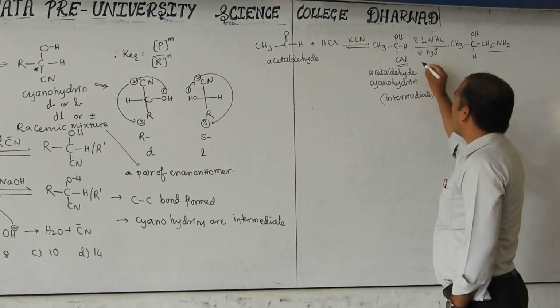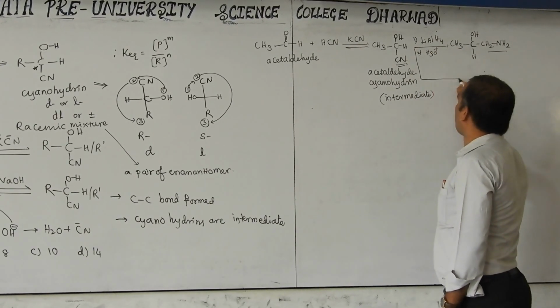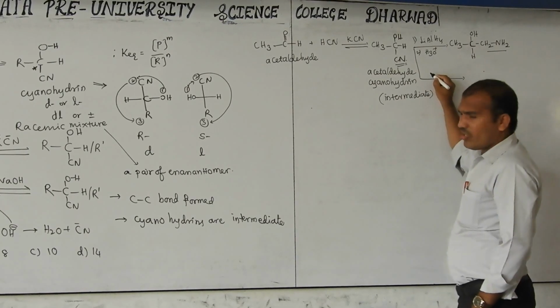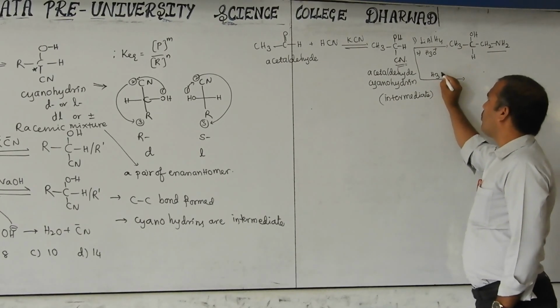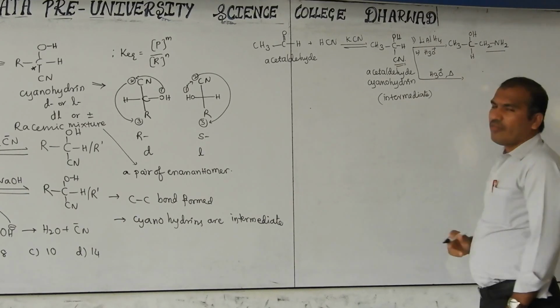Otherwise, it can be like this also. Acidic hydrolysis: H3O plus, when the heat symbol is given.